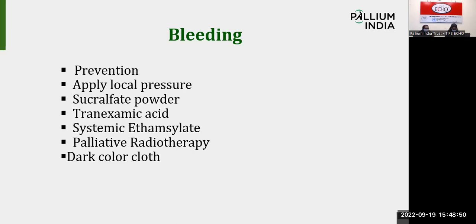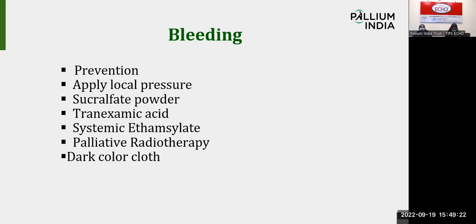And if the bleeding is not controlled, then you can move on to systemic ethamsylate and palliative radiotherapy also. Palliative radiotherapy will help to shrink the size of the tumor. If the size is reduced, there is less chance of profuse bleeding, so we can prevent profuse bleeding for some time.